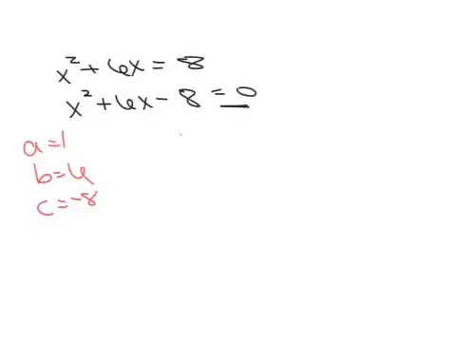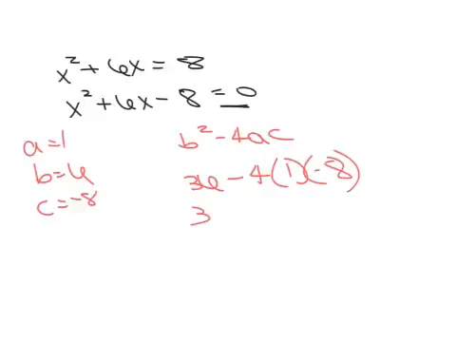Okay, so let's do b squared minus 4ac. So my b squared is going to be 36 minus 4 times 1 times -8. So 36, a negative times a negative is a positive, and that is going to give me 68, or it doesn't really matter as long as it's a positive number.